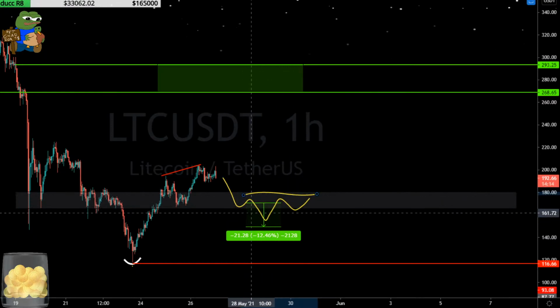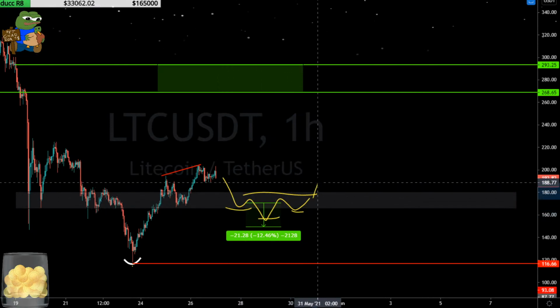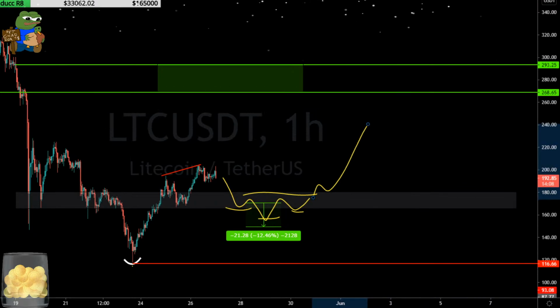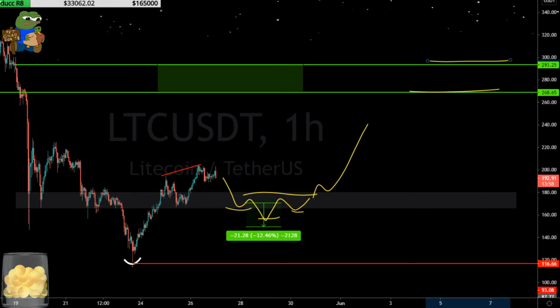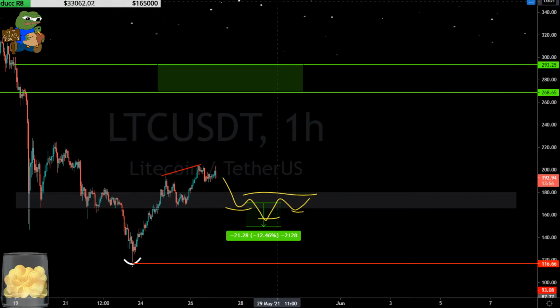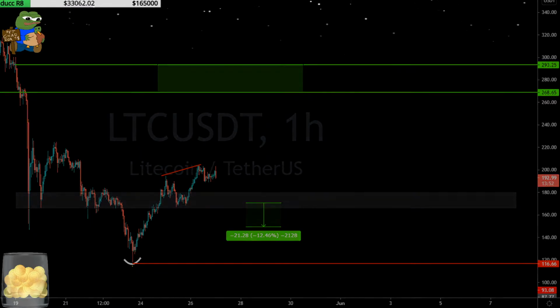Paint some other small type of inverse head and shoulders price action. We get above that, and then we rally. So that's what we're looking for on Litecoin. Eventually, we want to see the 269 to 292 area still. Eyes on that.